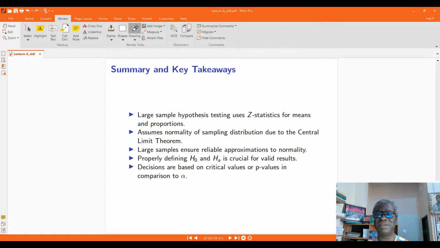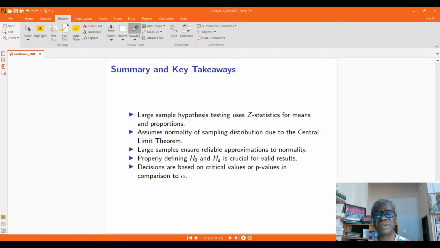So that's the central limit theorem. It is because of this theorem that we use the Z statistic. Large samples ensure that we have reliable approximations to normality.